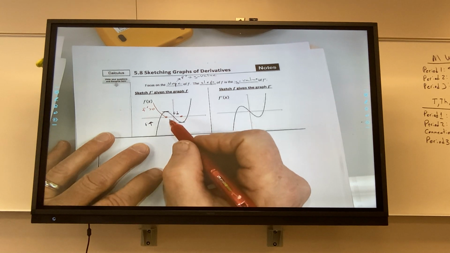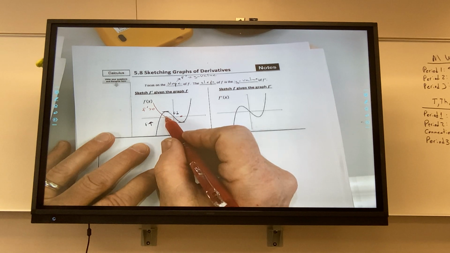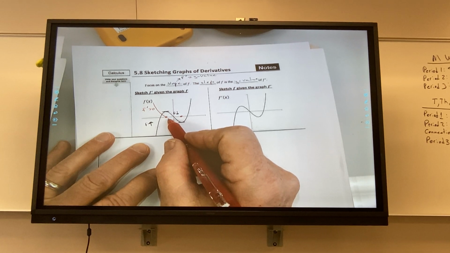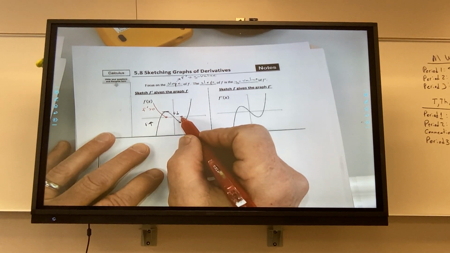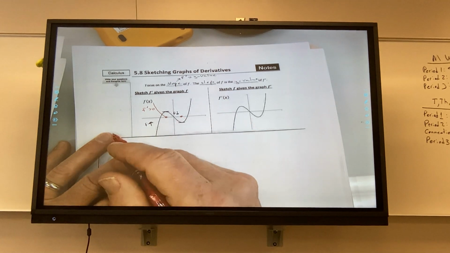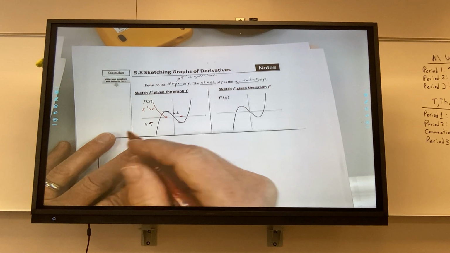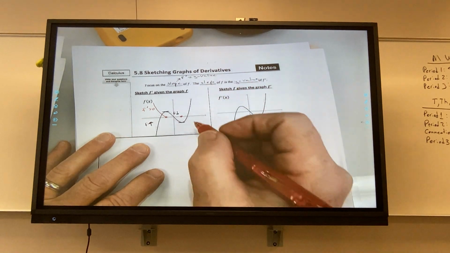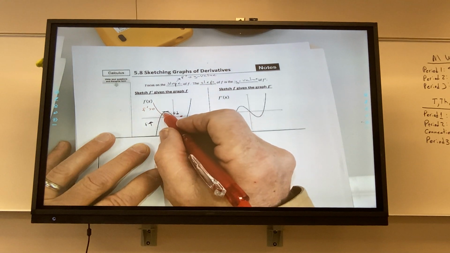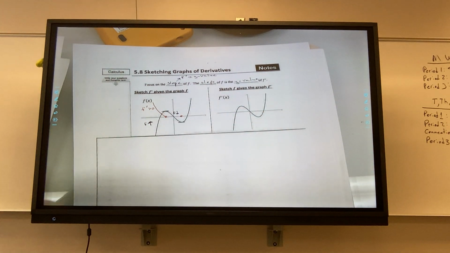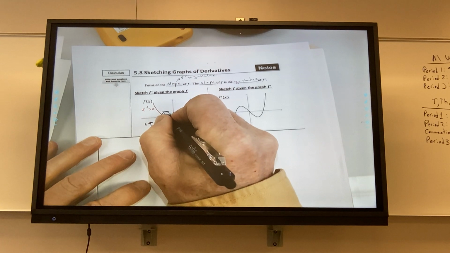How does that happen? I know I have to be negative. As soon as I get past this 0, I gotta be below this x-axis, but somehow I gotta get back to 0. What has to happen? It's gotta turn around, right? So if you take a look, see how F is concave down here?